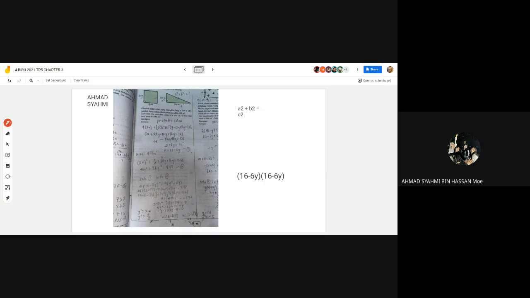And then 96y square remains. And then 4 times 256, you get 1024. 4 times 192, you get this one. And then 4 times 36, you get 144. So these both are square.